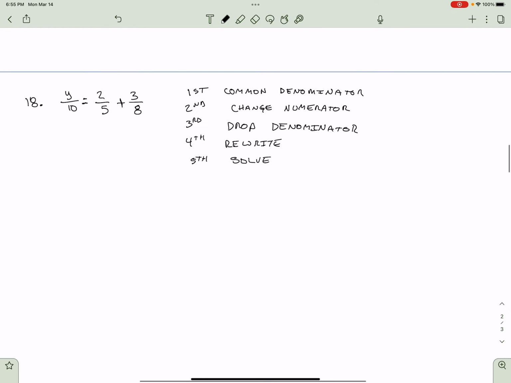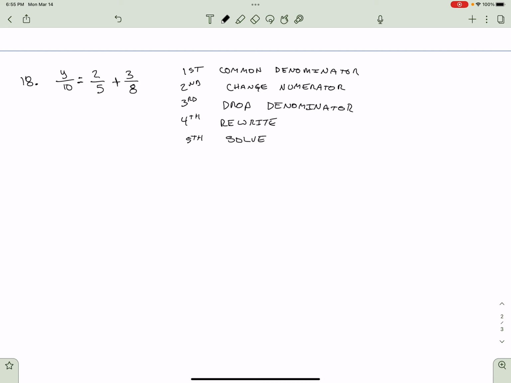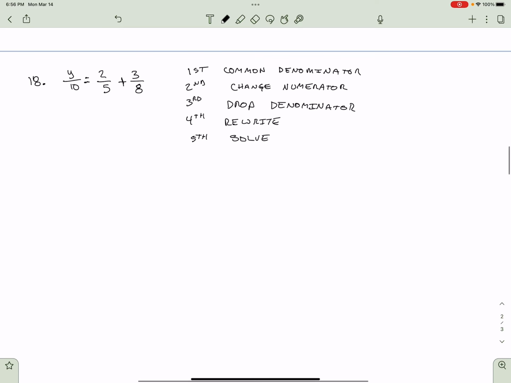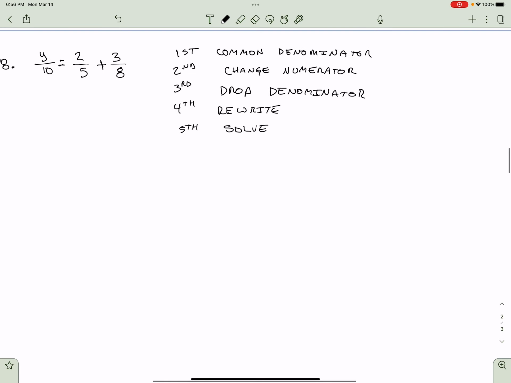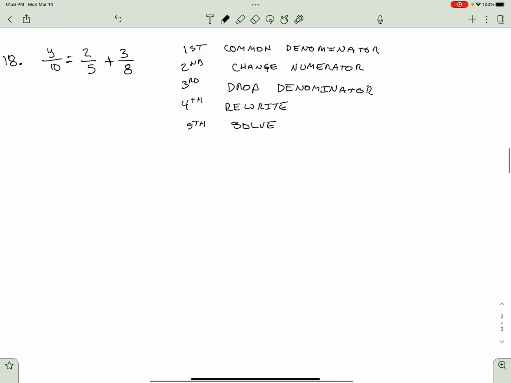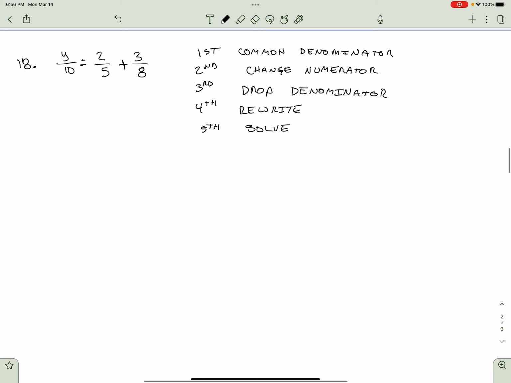18. This one came with steps. So here's what I would do, right? First, I would find what is my greatest common factor, or least common multiple. So I have 10. That is 2 times 5. I have 5, which doesn't have 2.